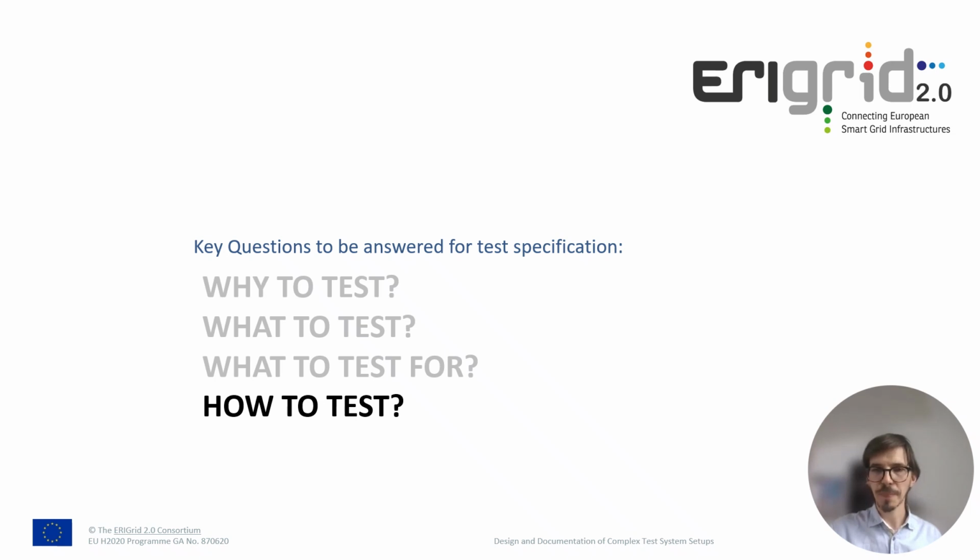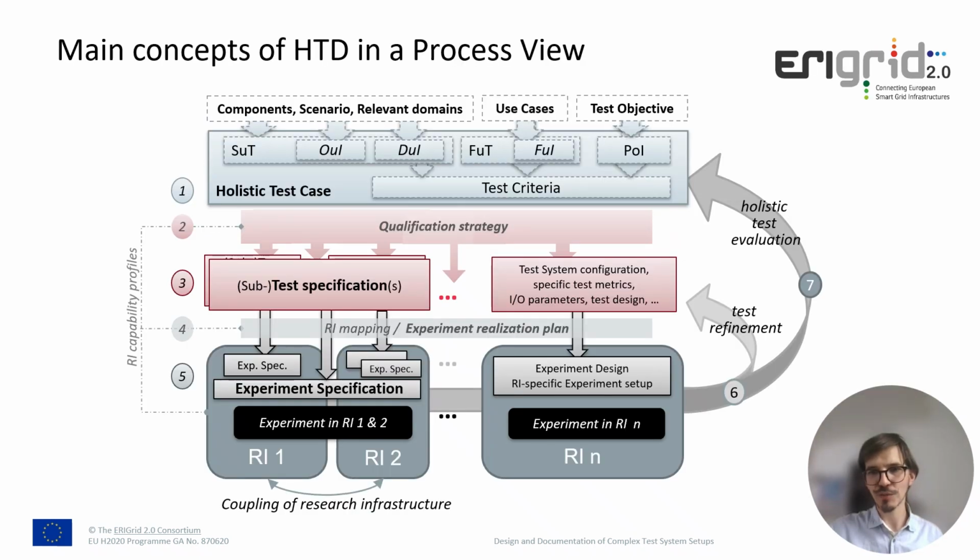Of course, how to test is a more complex methodological issue. So all we can say from a perspective of the holistic test description method, is that we are supporting the process. We have defined the test case, which defines the purpose of testing in quite some detail. The qualification strategy is part of the how to test, or how we break down the testing.